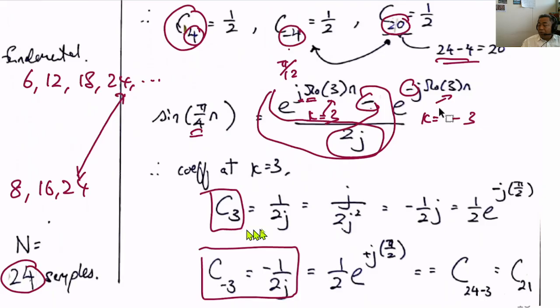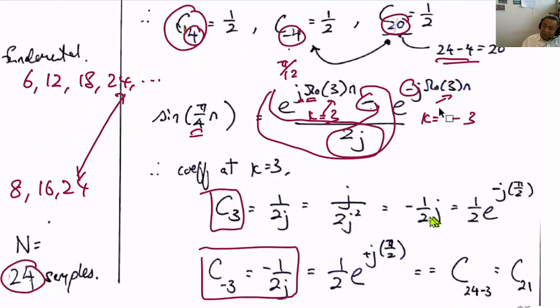Okay, so go and work out your complex numbers. We are not interested in 1 over 2j. That's a number we don't like. So to form a complex exponential representation, the simplest way is to multiply top and bottom by j first. Then it will be j over j squared. j squared is minus 1, so the minus goes in front.